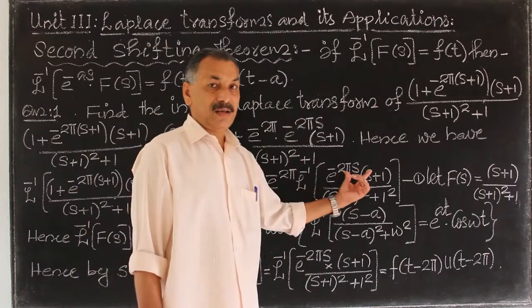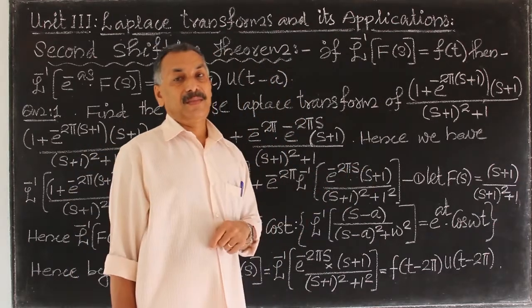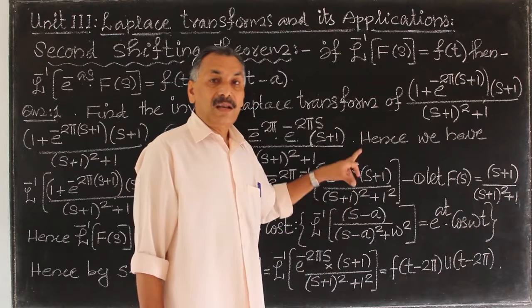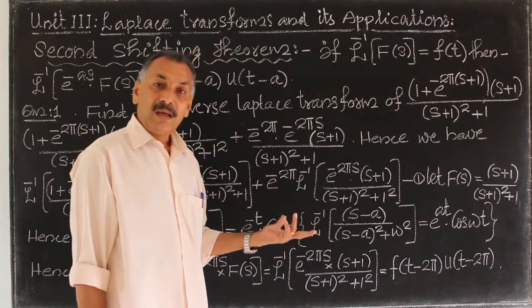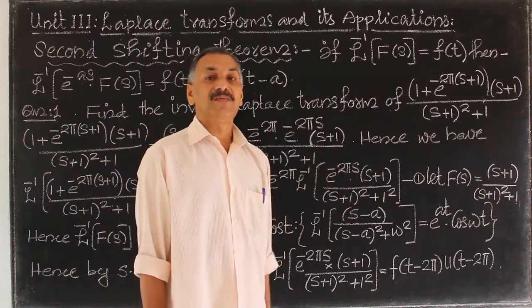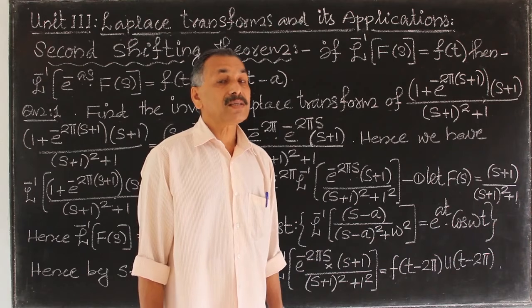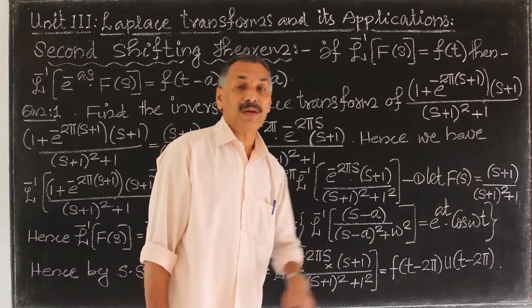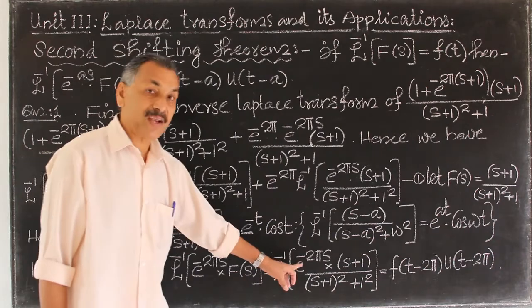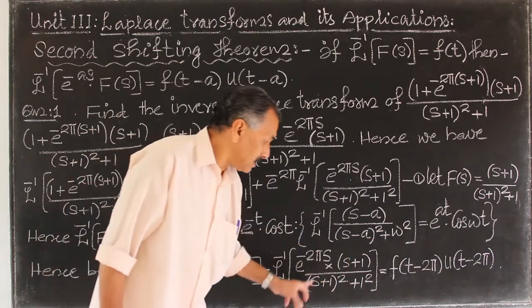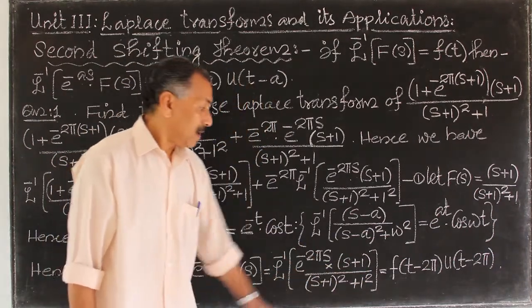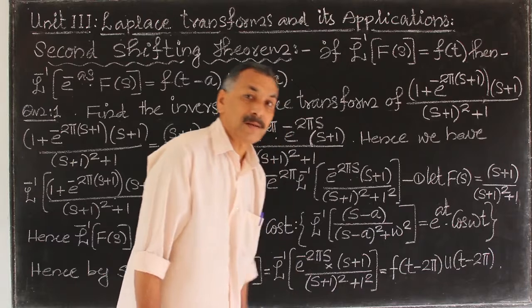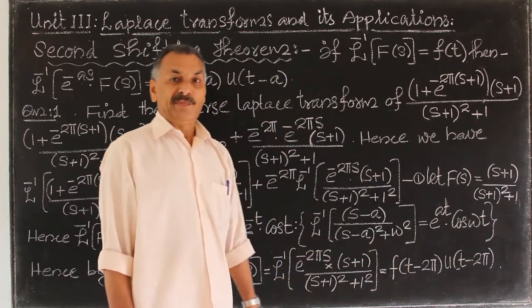The second shifting theorem applies. If L inverse of f of s is f of t, then L inverse of e raised to minus a s into f of s is equal to f of t minus a u of t minus a. Here L inverse of e raised to minus a s into f of s is equal to f of t minus 2 pi into u of t minus 2 pi.